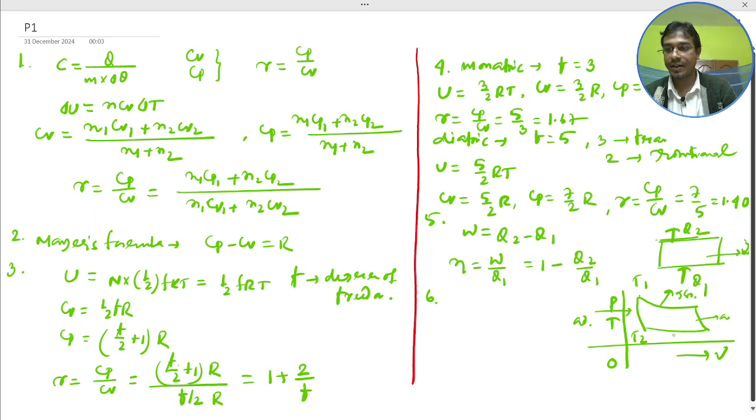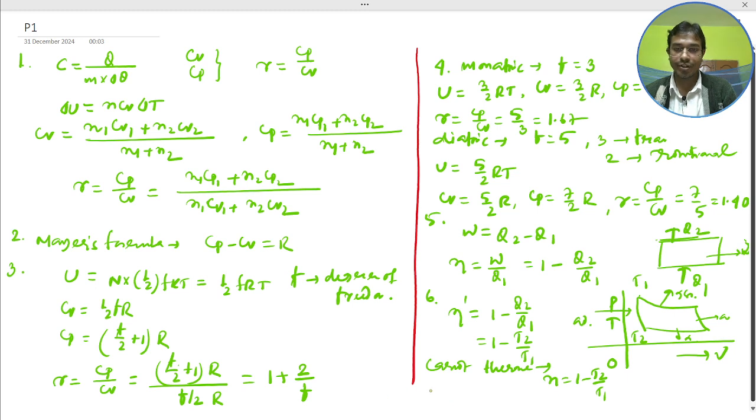So here the efficiency eta, 1 minus Q2 divided by Q1, would become 1 minus T2 by T1. And Carnot's theorem states that eta equal to 1 minus T2 by T1 is the maximum efficiency of a heat engine. This is Carnot's theorem.